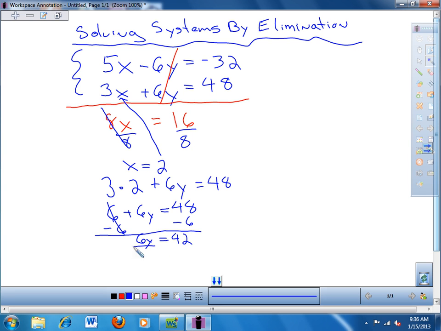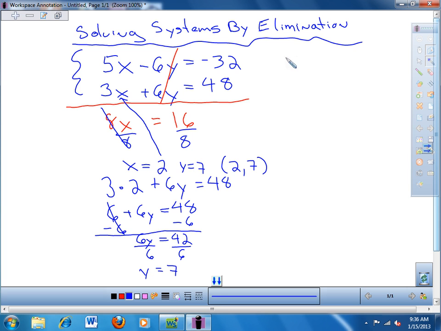I divide by 6, and I get y equals 42 divided by 6, so 7. Now I know x is 2, y is 7, and what you want to do is write that as an ordered pair, 2, 7.